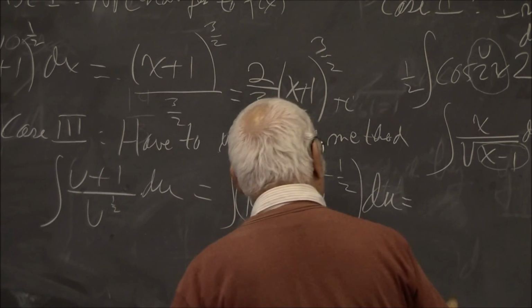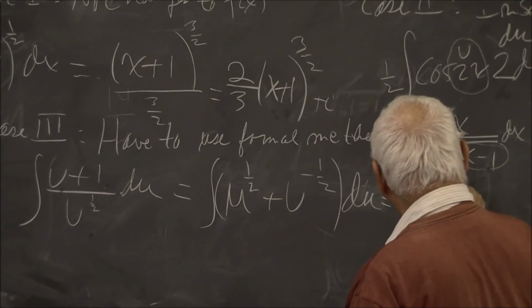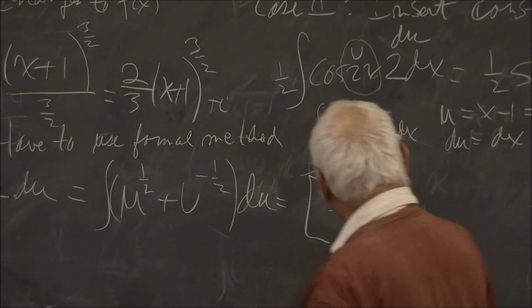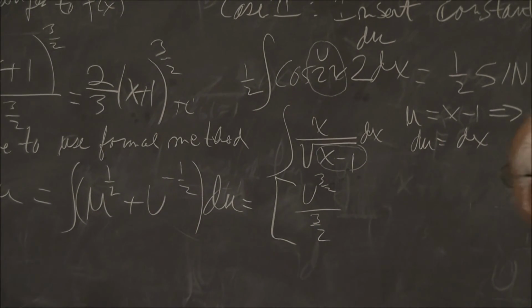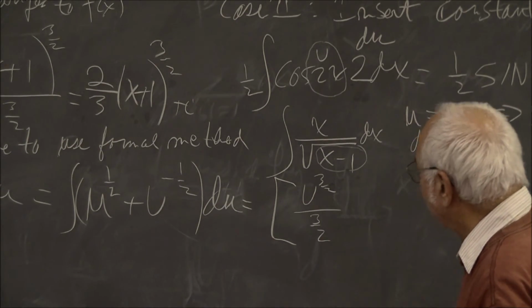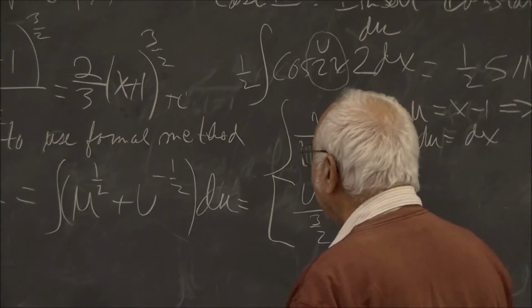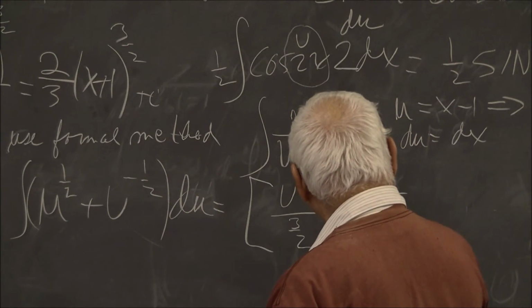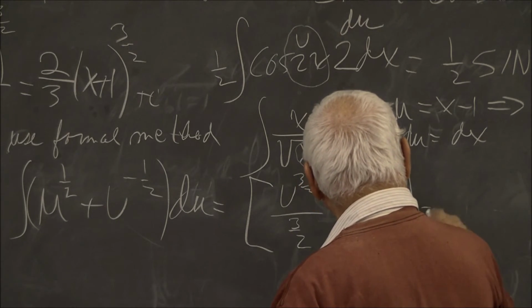So this is going to be equal to u to the 3/2 divided by 3/2. Remember, you can check this power rule for integrals because these two numbers have to be the same, right? Plus, and u to the minus 1/2 plus 1, that's going to be u to the 1/2 divided by 1/2. And we'll add the plus c at the very end.